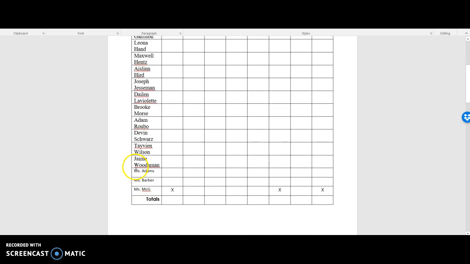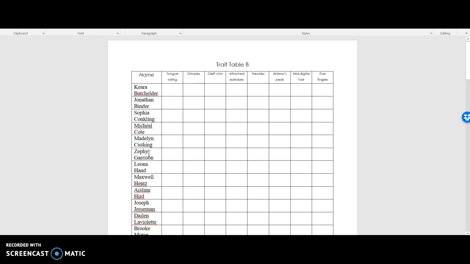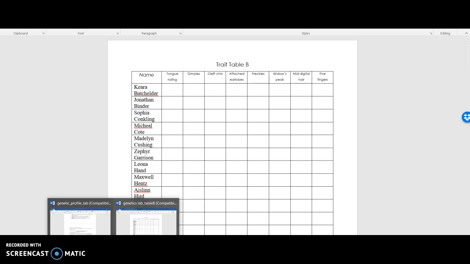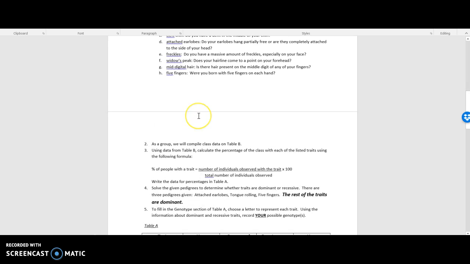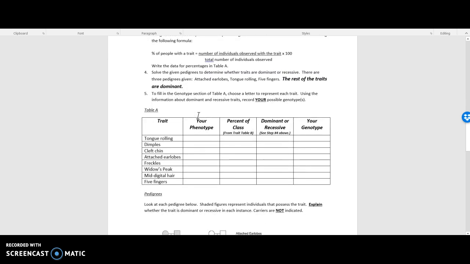You'll be using this information on the back page under Trait Table B for the other information that you need to fill out on the main lab handout. This is where you are going to get the information to put into percent of class.